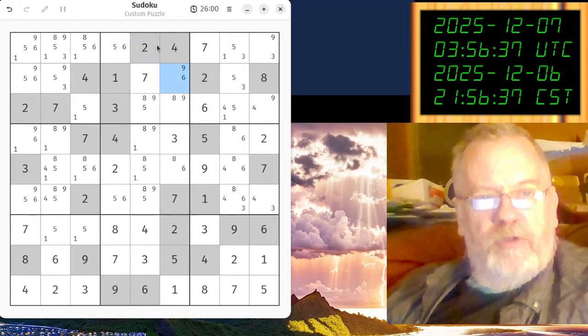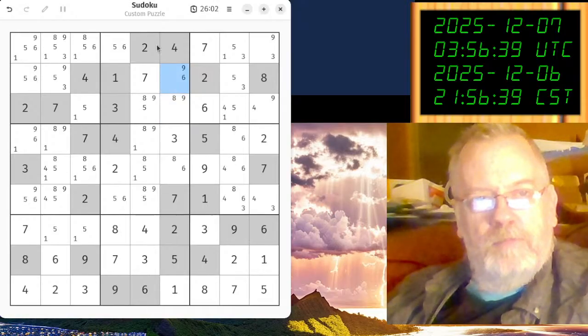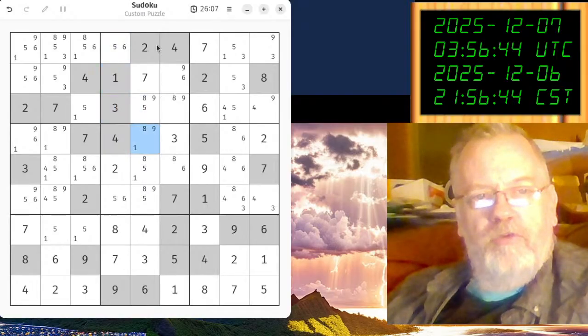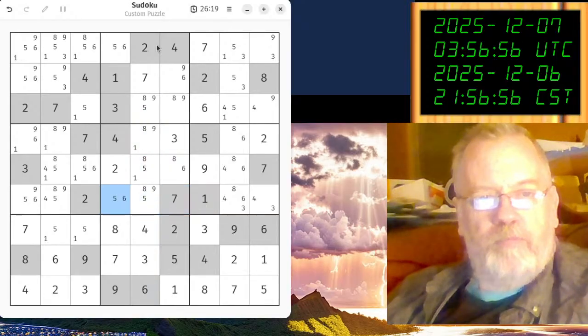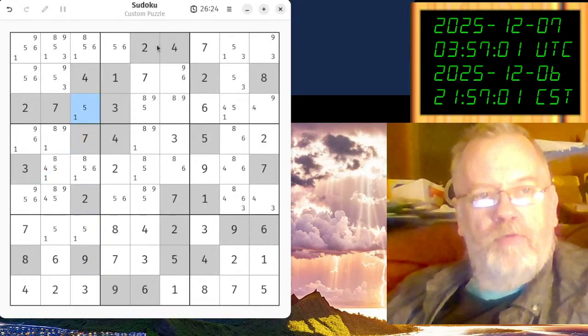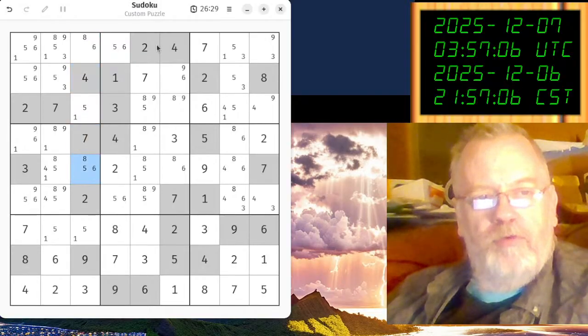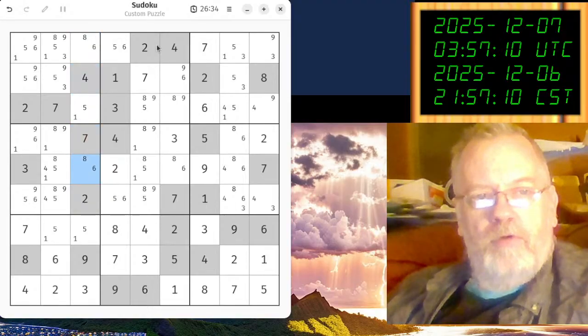Still two possibilities here. 9, 6, 8, 9, 8, 9, 5, 5, 6, 5, 6. 8, 6, triplet there. 1, 5, 1, 5. So 1, 5s are not eligible here anymore. Gives me an 8, 6 pair. Does that combine with an 8?